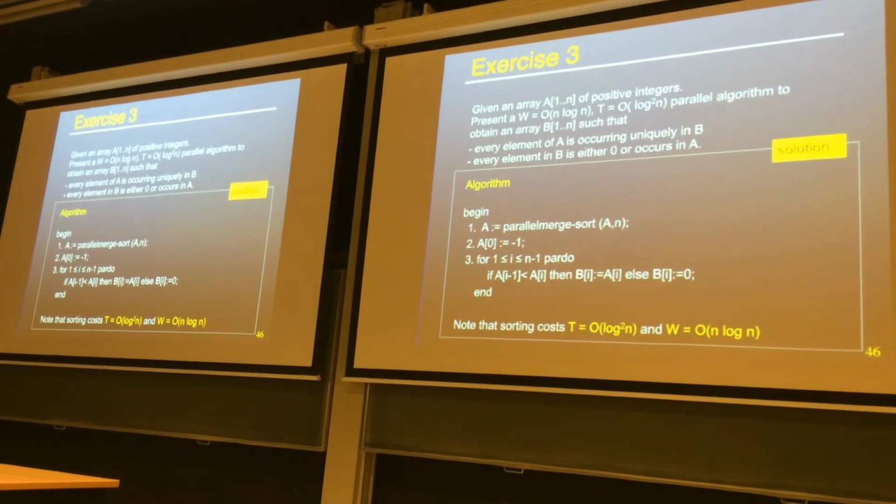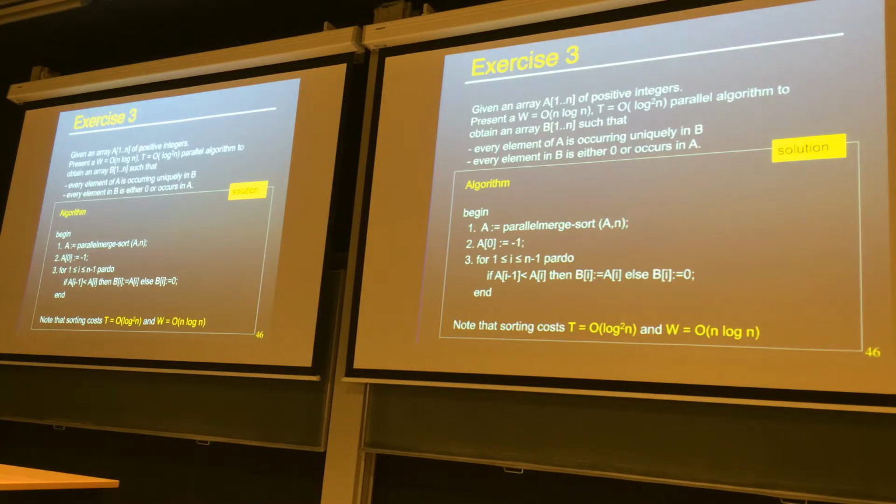Here's the solution. First we perform a parallel merge sort. We set A_0 to minus 1, and then for i between 1 and n, we compare A_{i-1} with respect to A_i, and we set B_i to A_i. Note that here, of course, we have to add an element minus 1 to the array.